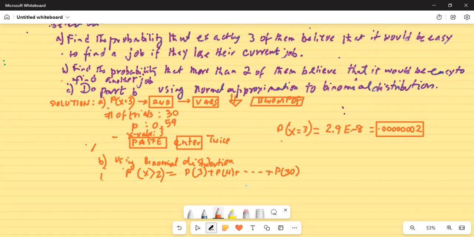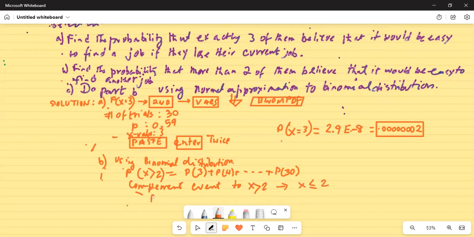So we will use the probability law of complement events. So complement event to X greater than 2 is X less than or equal to 2.